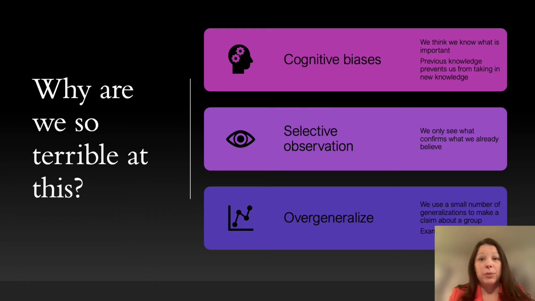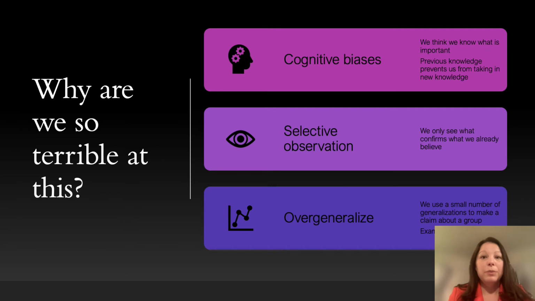Now, does this mean that humans are terrible? No. Humans are lovely, lovely creatures. And there are reasons why we have these types of default belief systems and thought systems that we use. They've kept us around for millions of years and helped us be very successful creatures.